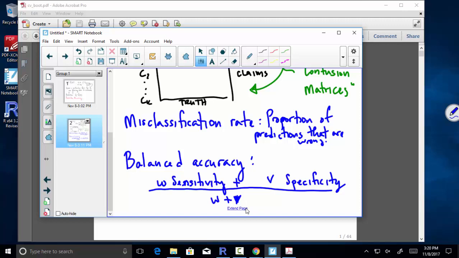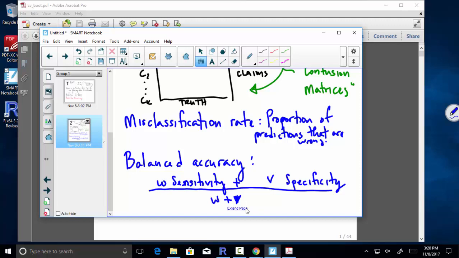In your homework, you're going to use sensitivity plus 3 times specificity divided by 4. That's intended to upweight, incorporate more heavily, specificity. That is incorrectly classifying non-Hall of Fame players as being in the Hall of Fame. Because there's so few players in the Hall of Fame, you can have a high accuracy by just predicting no all the time.